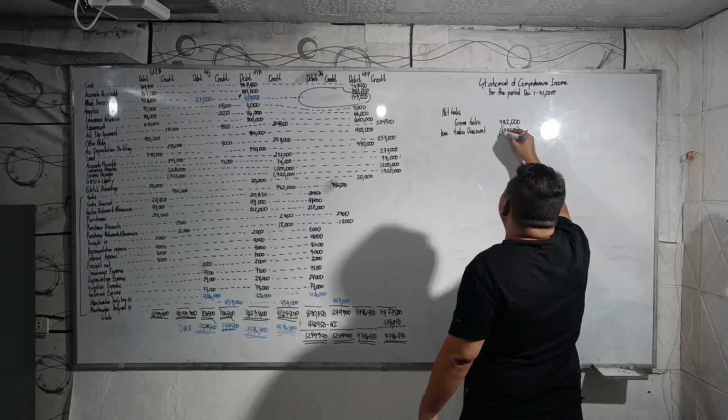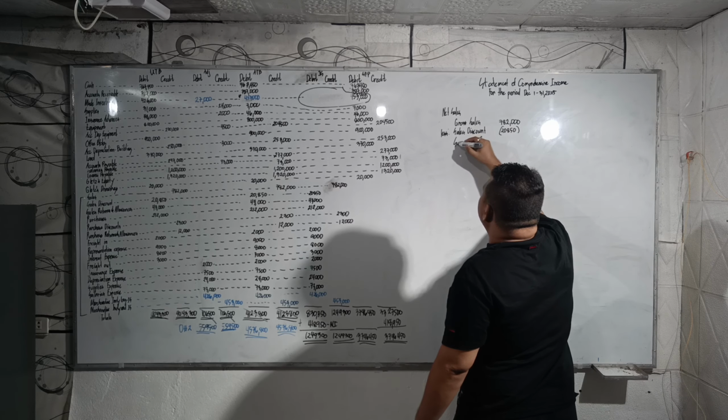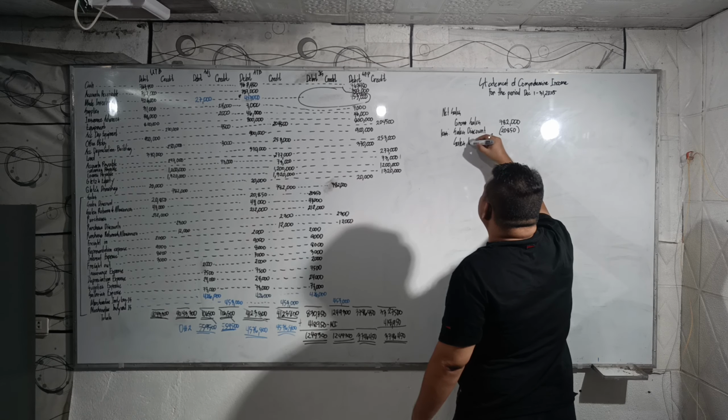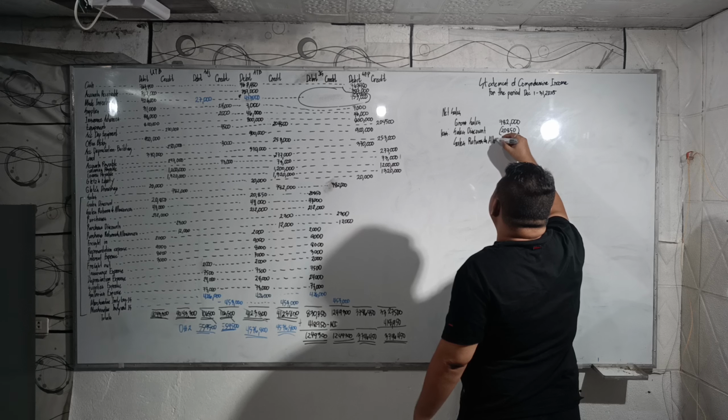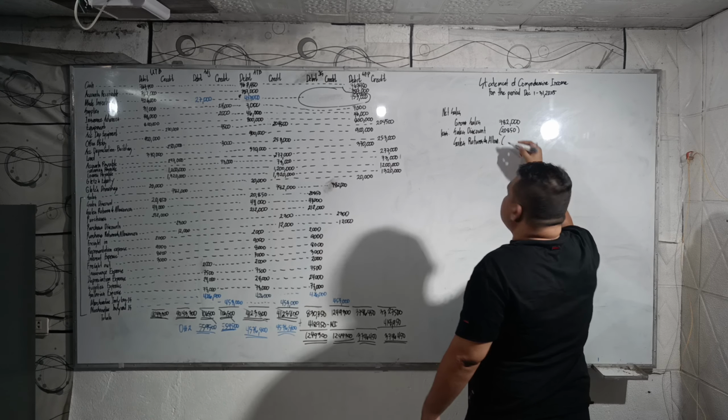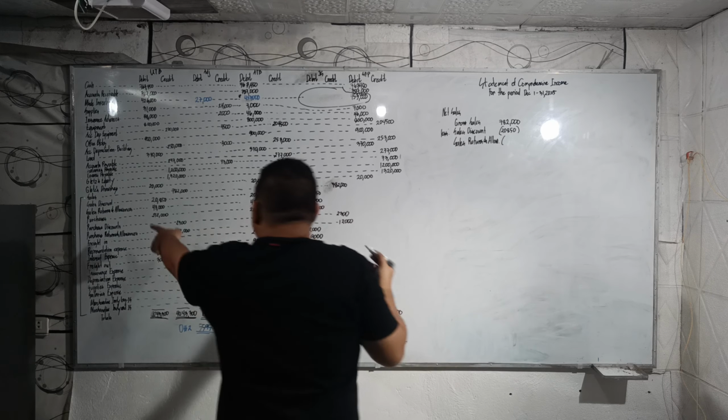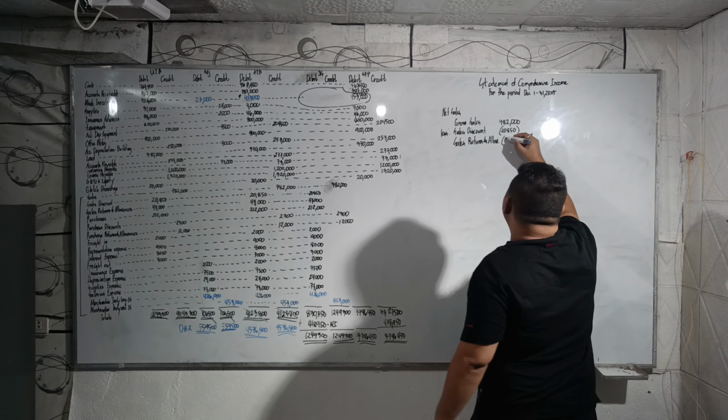20,850. And then less another one, we have sales returns and allowances. In this particular problem, we have 43,000.